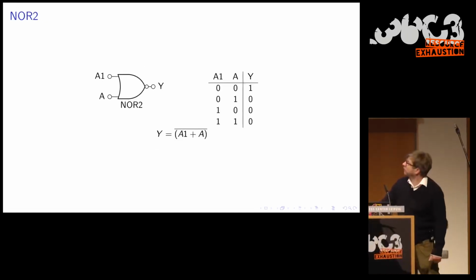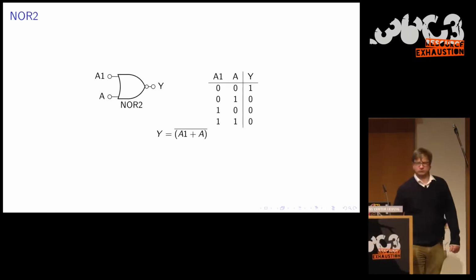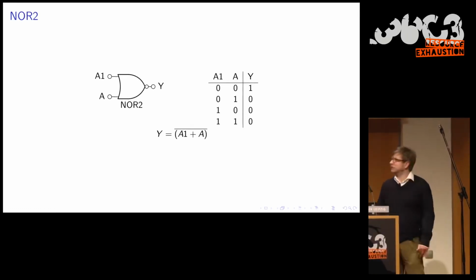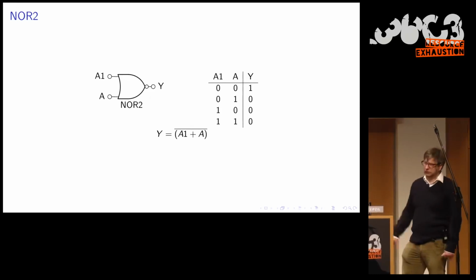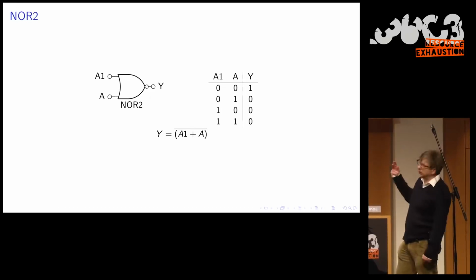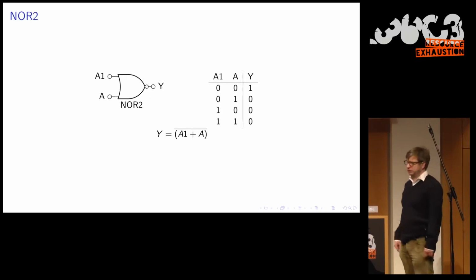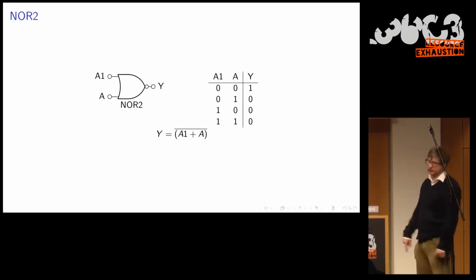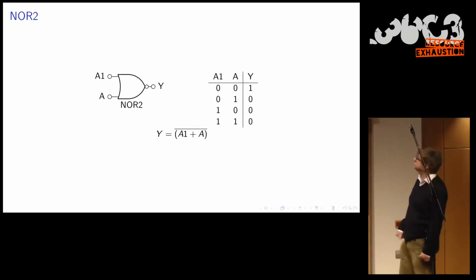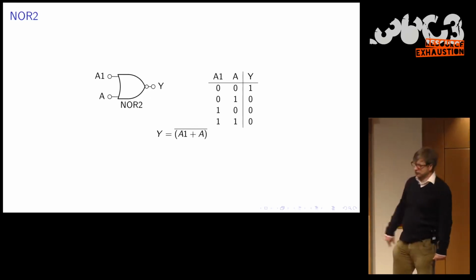This is NOR. This is kind of inverse to the other gate. On the right, the table. So here it's typically when both inputs are 0, then the output is 1. But as soon as one input is 1, the output will be 0.